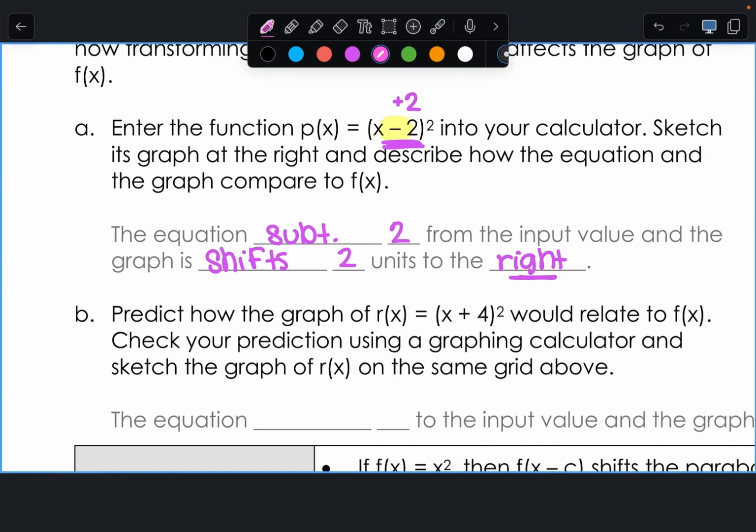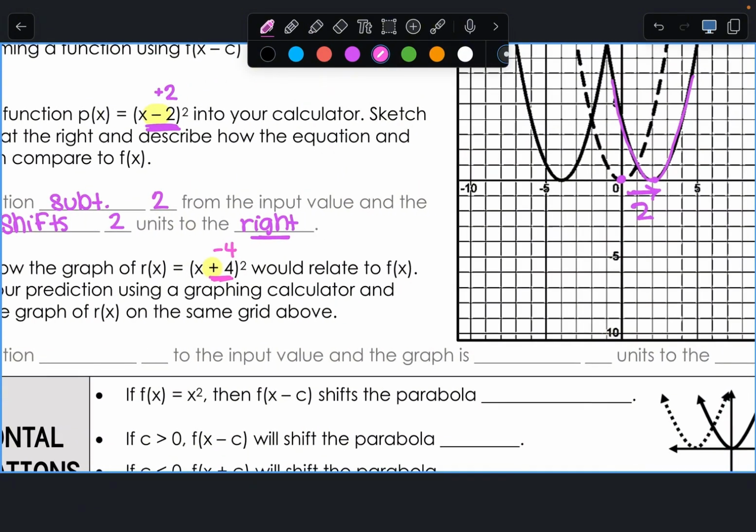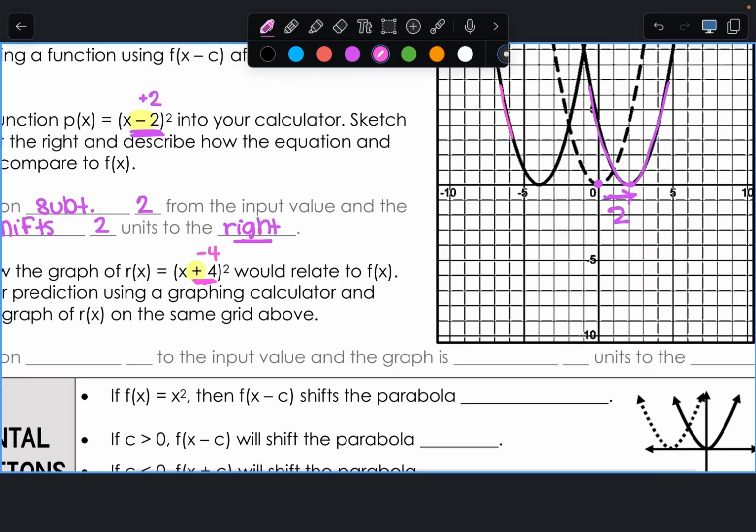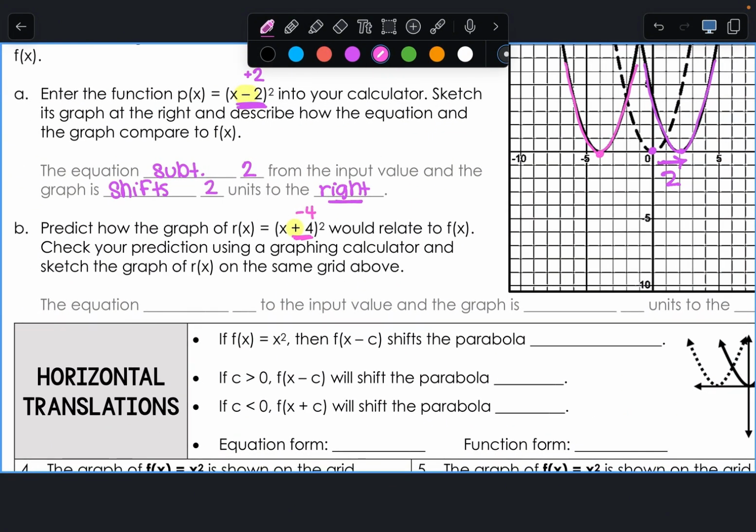Now looking at B, you have a plus 4. What type of number did you have to plug in for it to turn into a plus 4? Negative 4. So that one's talking about this parabola here on the far left. So in the equation, what does it do? It adds 4.